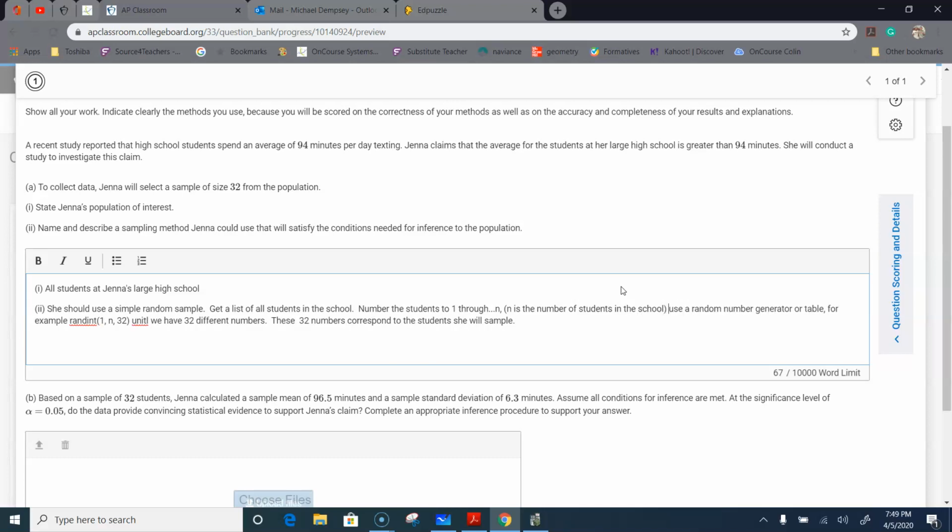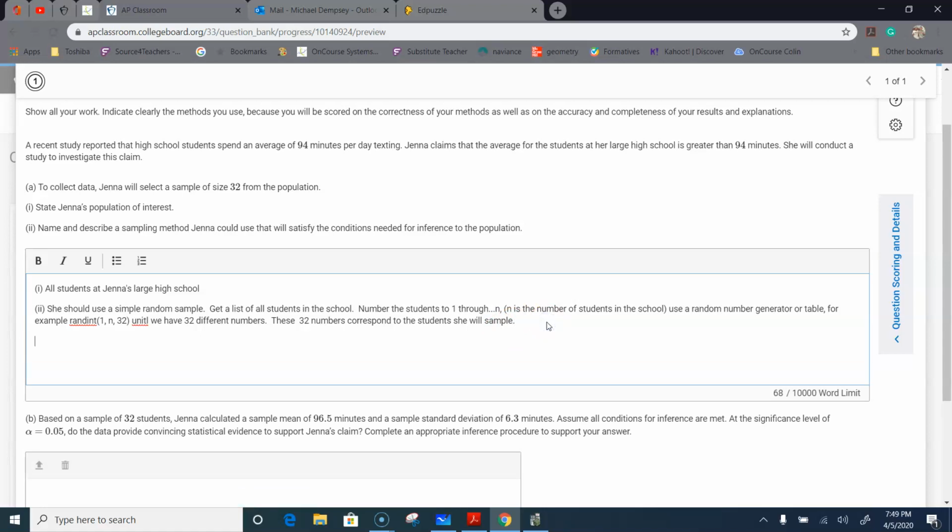Okay, but that is describing to somebody how a simple random sample would be taken, right? Everybody in the whole population is numbered. Everybody has the same chance. Every sample of size 32 has the same chance of being selected.